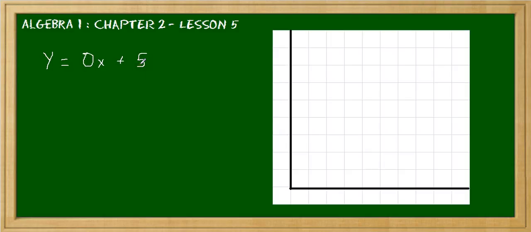Now we're told to make a table for this function, letting x equal 0, 1, 2, 3, 4. So we can just make our quick table, with 0, 1, 2, 3, and 4. Okay, let's go ahead and find the y value. 0 times 0 would be equal to 0, plus 5, so y would equal 5.